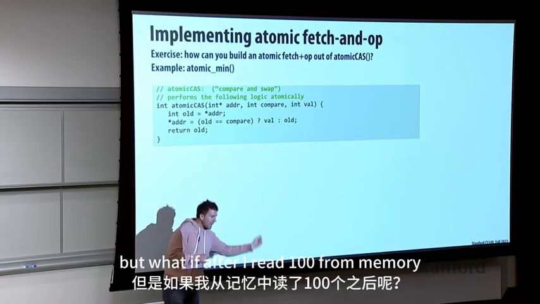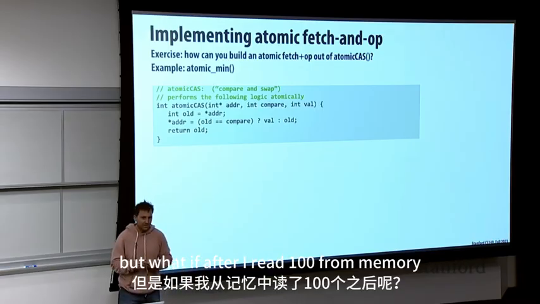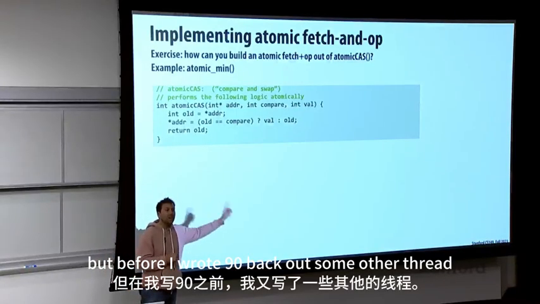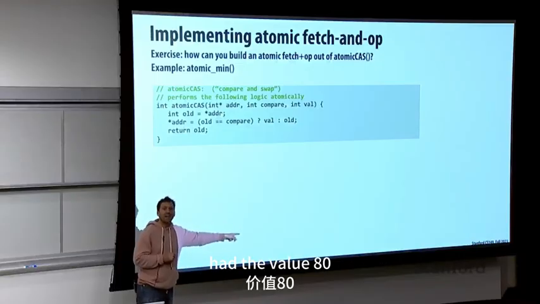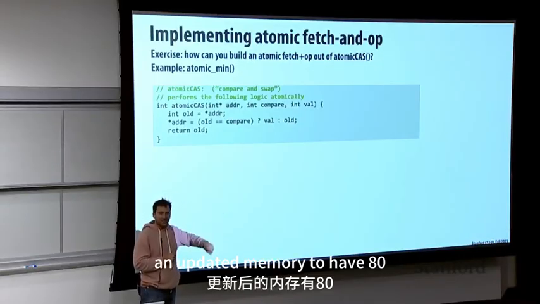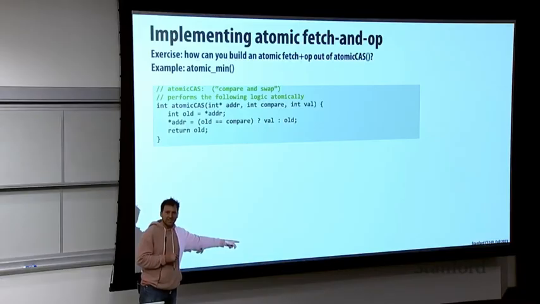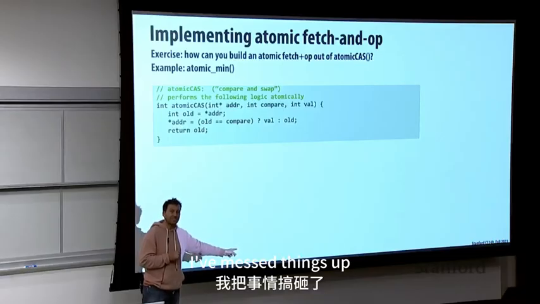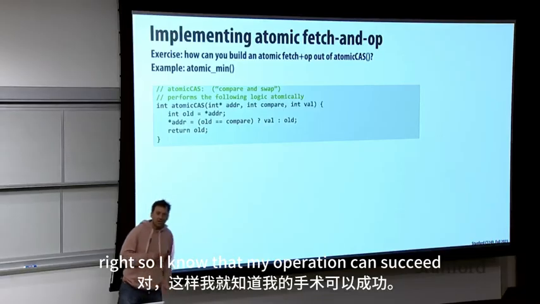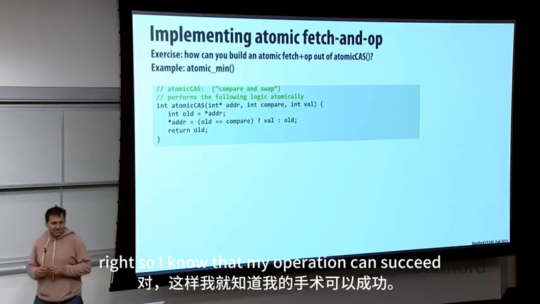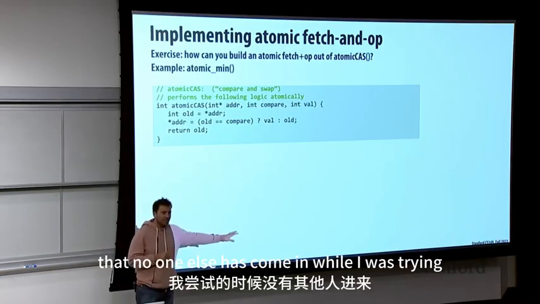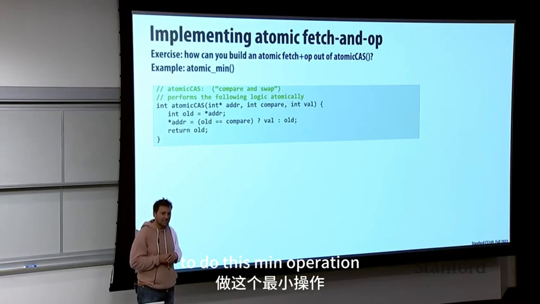But what if after I read 100 from memory, but before I wrote 90 back out, some other thread had the value 80 and updated memory to have 80? And I come in and write 90, I've messed things up. So I know that my operation can succeed if I can guarantee that no one else has come in while I was trying to do this min operation.